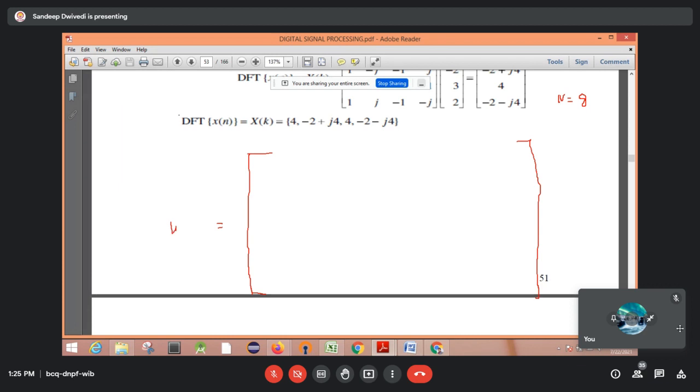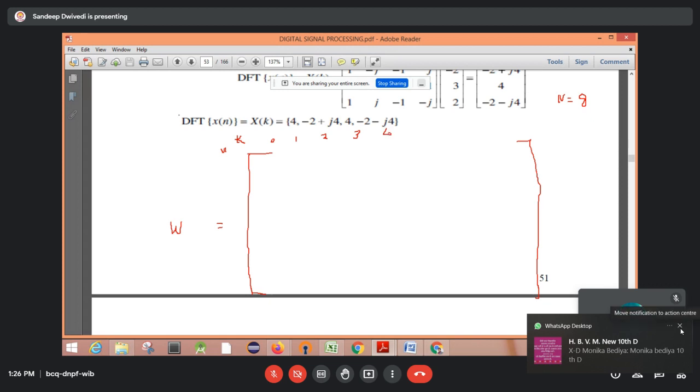You can write this as the W Twiddle factor matrix. The first element is the value of k times n, W raised to power kn. I will just write the elements; in your notebook you need to write W raised to power 4, then 5, then 6, and then 7.